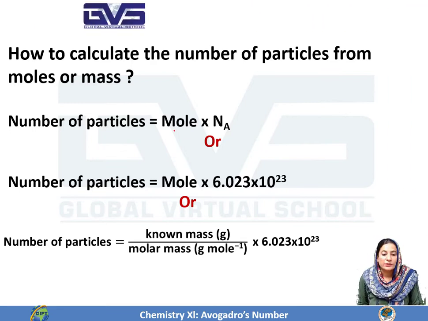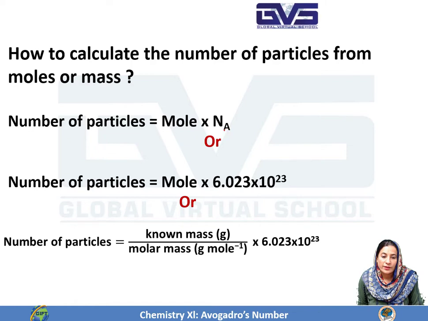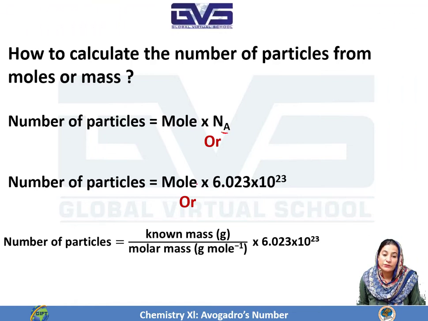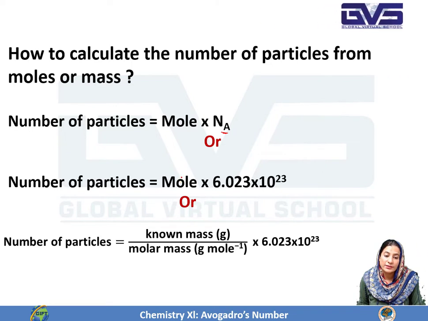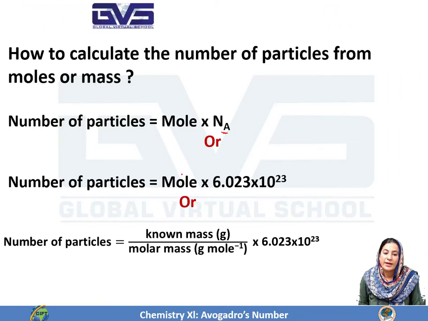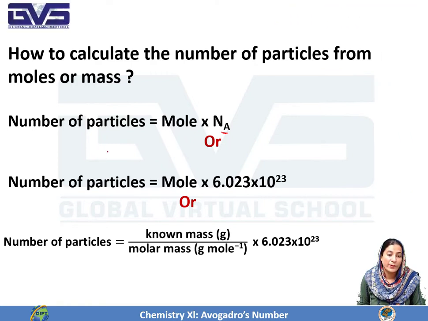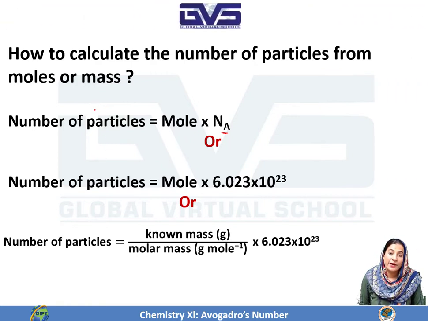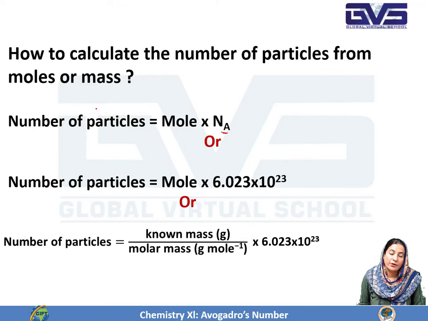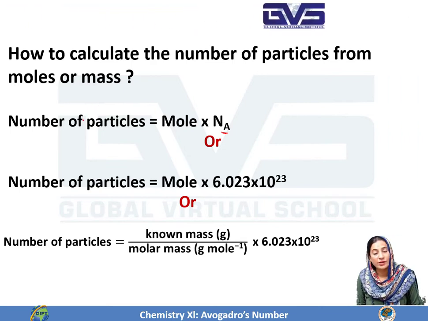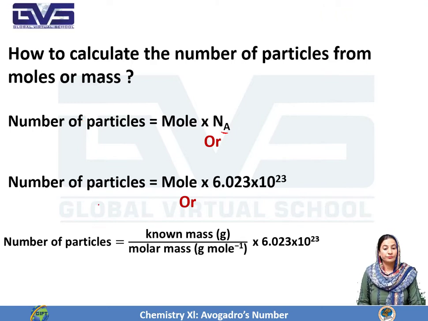Number of particles equals mole times Avogadro's number, and the value of Avogadro's number is 6.023 × 10^23. If you are given the moles, then simply multiply that mole with Avogadro's number, and you can find the number of particles. Particles can be atoms, molecules, ions, or formula units.